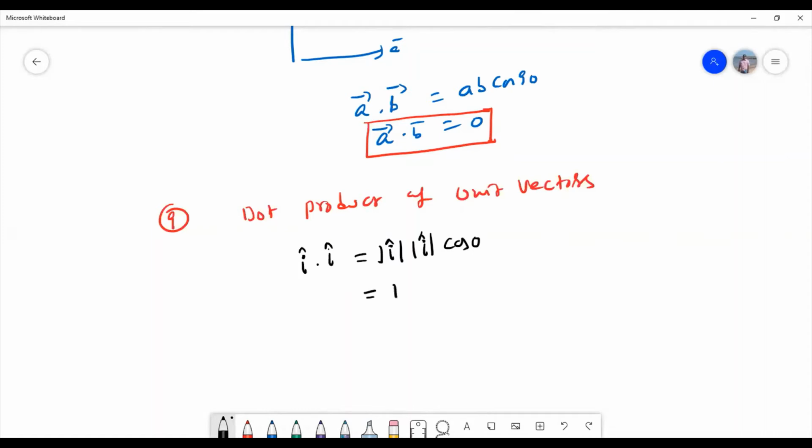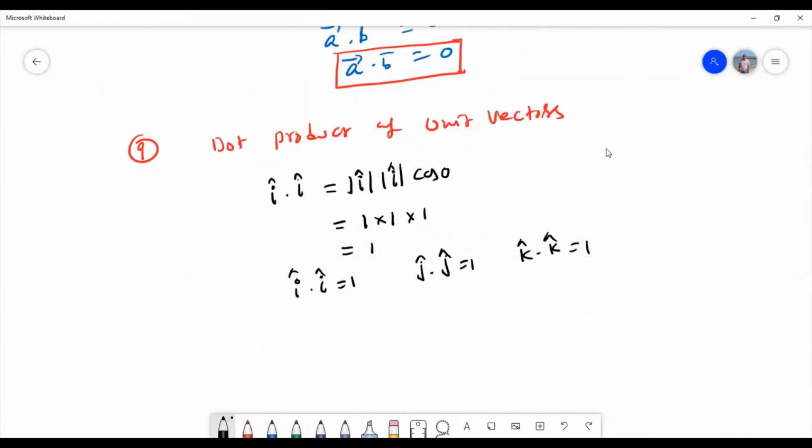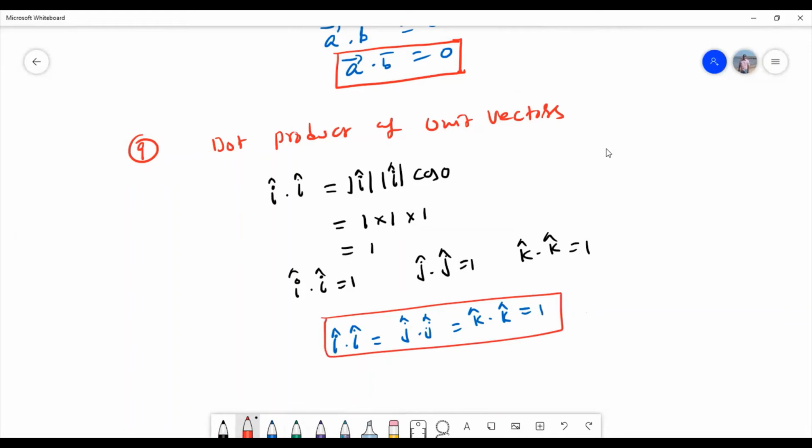Since it is a unit vector, magnitude is 1, cos 0 is 1, so overall 1. So I got this I cap dot I cap is equal to 1. Similarly, I can prove J dot J is equal to 1, K dot K is equal to 1. So this is called self dot product of unit vectors. So we generalize it and write like this: I dot I, J dot J, and K dot K is equal to 1. A very, very important identity you should bear in mind.